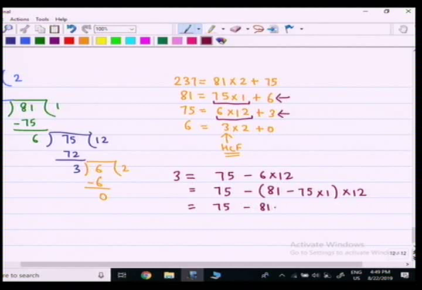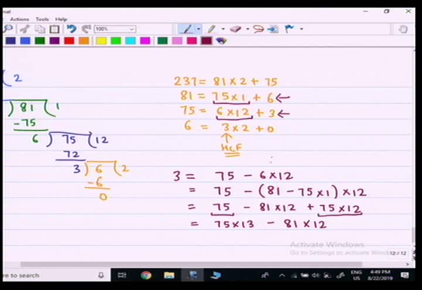So we will write 81 into 12 minus 75 into 12, and on opening the bracket, it will be like this. Now this is 75 into 12 and 75 into 1. Adding these, we can take 75 as common from both of them. So it will be 1 plus 12. We can write this as 75 into 13 minus 81 into 12.